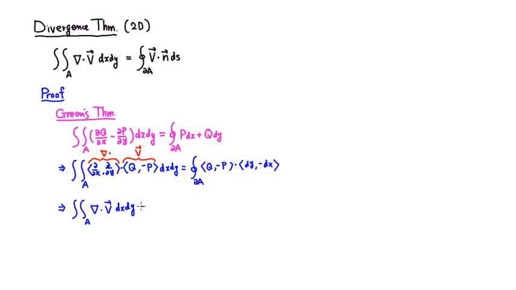This is equal to the line integral over the boundary of A. Then here we have exactly the same vector field V, so we put vector field V. Then we have to interpret the rest of it, which is the vector dy comma negative dx.